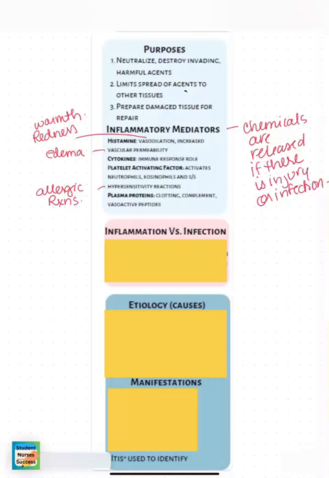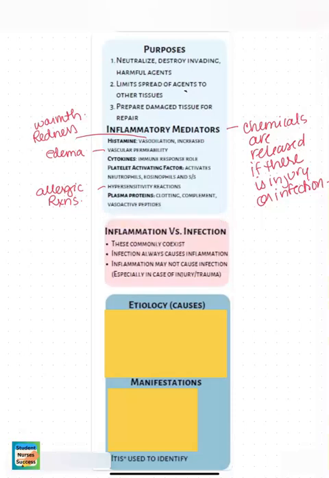Now, I'd like to clarify a few things about inflammation and infection. Inflammation and infection commonly coexist, but they have an interesting relationship. We know that infection will always cause an inflammatory response. However, inflammation may not cause an infection.